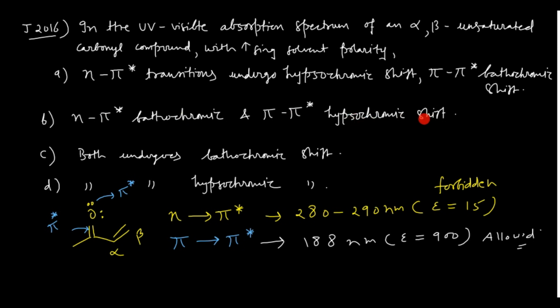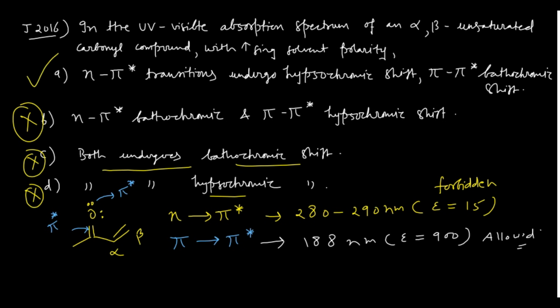This is not possible. So you can immediately discard option B. Both undergo bathochromic shift. No, it is not possible. Both undergo hypsochromic shift. It is not possible. So you are left with option A only. So automatically, without going into the further solution of the problem, you can immediately say option A is looking like the correct option.